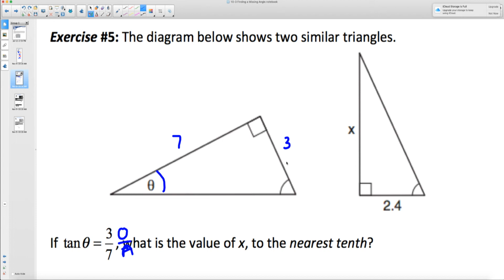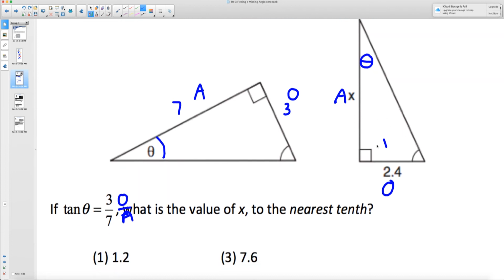Okay, so let's think about a few things here. Since these triangles are similar, their corresponding angles are congruent, and their corresponding sides are in proportion. So these triangles are similar, which means that if this is theta, then this is also theta. This is the opposite, this is the adjacent. This is the opposite, this is the adjacent. So their corresponding sides would also need to be in proportion.